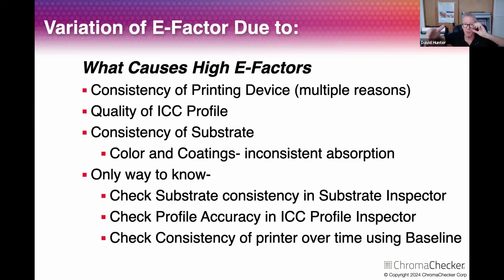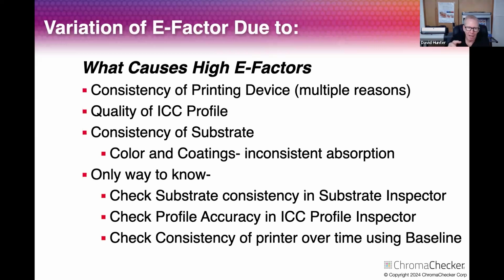And there's multiple reasons for that. Go back to April's session to learn about how to track that and fix that. The quality of the ICC profile, like I just showed, will play into the high E factor of the printer. The E factor of the substrate plays in, because even the same substrate can have different color and different coatings, which causes the inconsistent absorption.